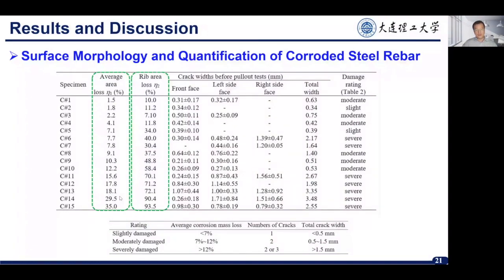For example, if the average cross-sectional loss is 35%, the rib area loss reached almost 94%. We also divide all these 15 specimens into 3 groups based on the mass loss, number of cracks, as well as crack width: slightly damaged, moderately damaged, and severely damaged specimens.